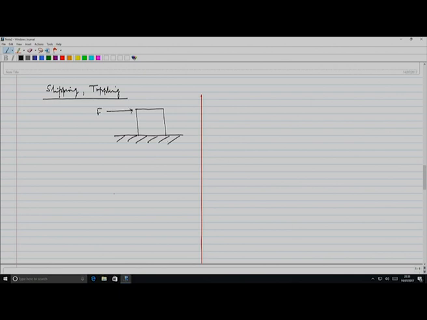The length of the edge of this cubical block is L. It is resting on a rough horizontal surface.